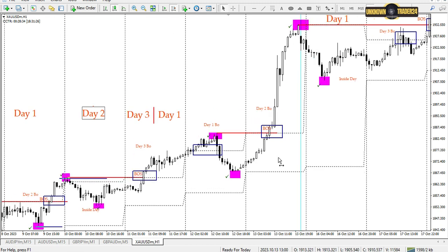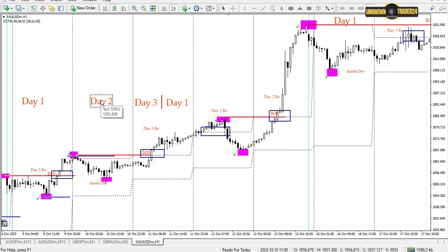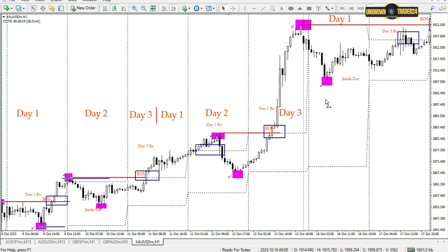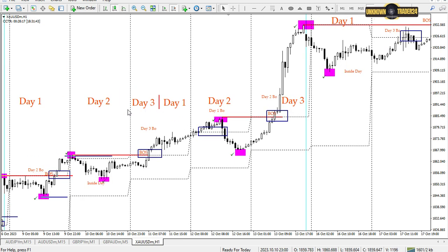Okay, so let's look at this. You see, take a screenshot of this, and then this one will become day 2, and then this one, Friday, becomes day 3. Okay, for the sake of time, I'm only going to do this for 1 week, but for all the weeks it's the same thing. Day 1 is Monday, day 2 is Tuesday, day 3 is Wednesday.